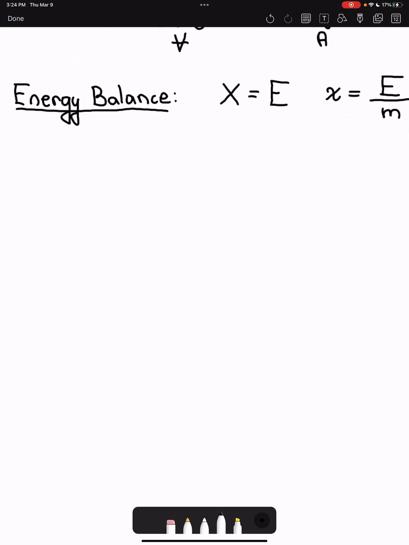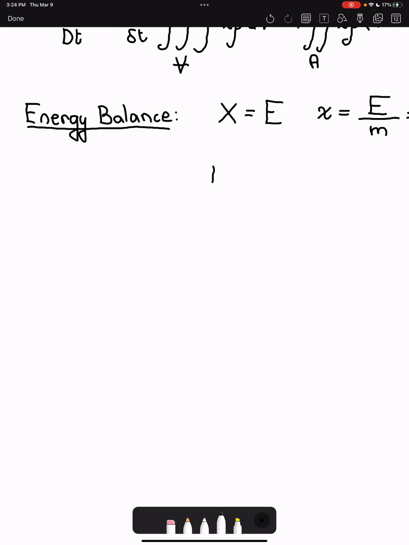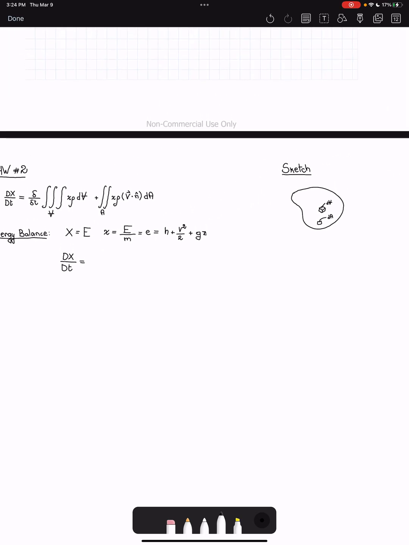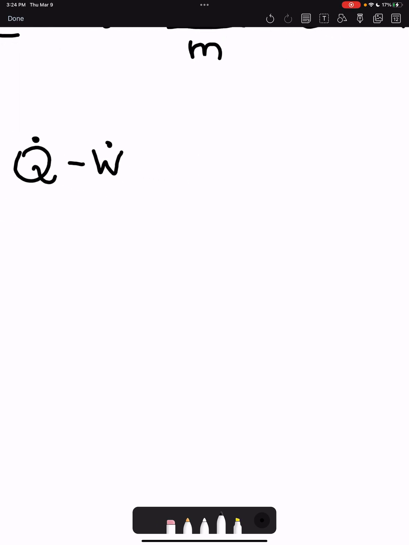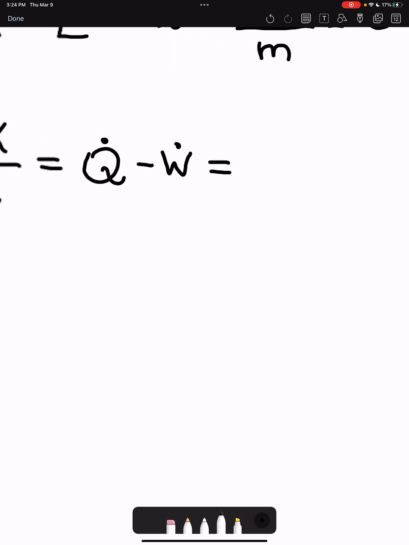What is dx over dt? Dx over big Dt, the material derivative, is going to be equal to Q dot minus W dot. Now these are the net heat and work exchanges.